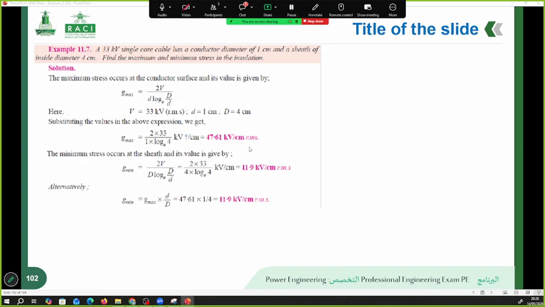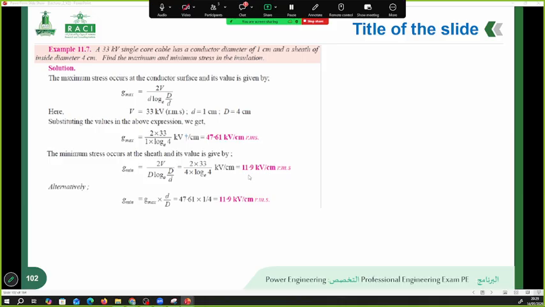In contrast, the minimum stress appears at the inner surface of the shields where the electric field is weakest and is found to be about 11.9 kilovolt per centimeter. These values can also be derived proportionally from the maximum stress using the ratio of conductor to shield diameter.